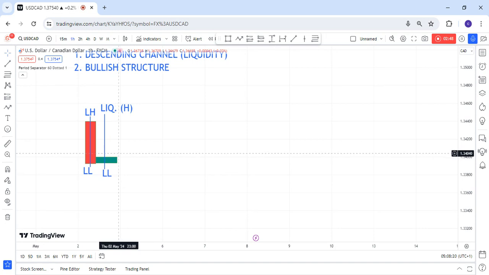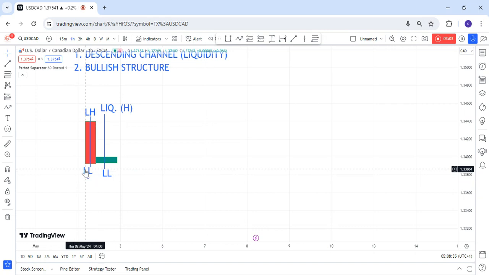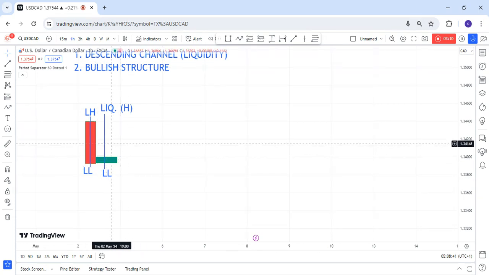Now we understand something: there's a liquidity descending channel, we closed bearish in week 16, and week 17 refused to close below the previous week and below this very week itself. So we now have something that resembles a bullish reversal.